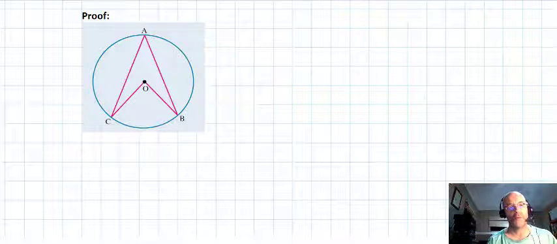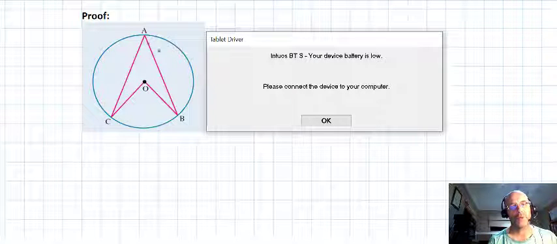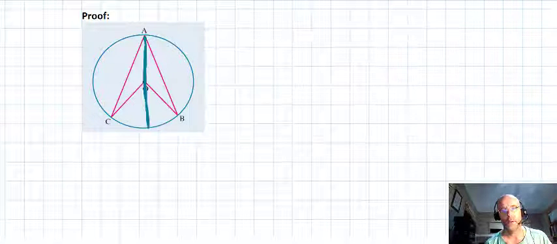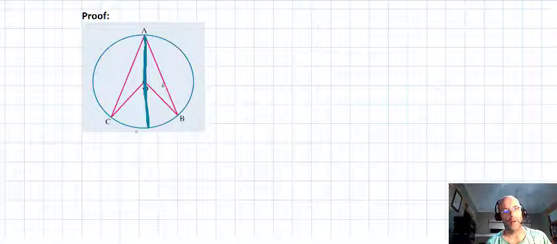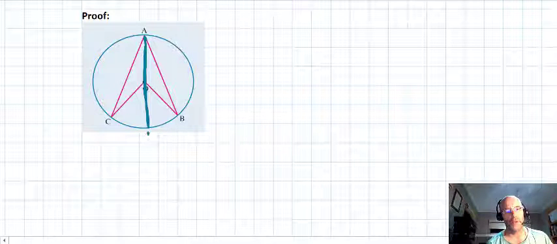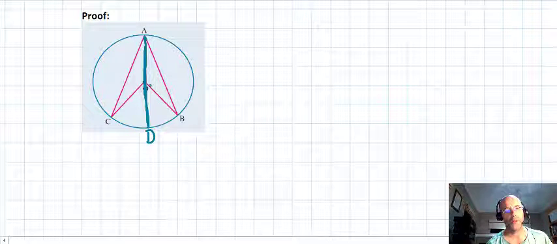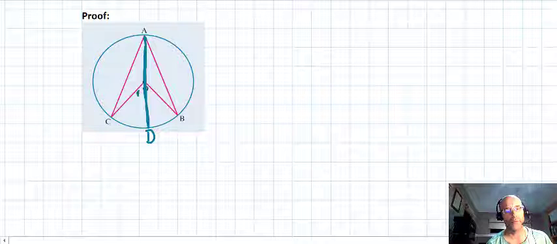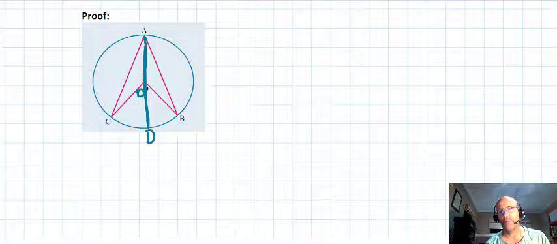In the proof, the first thing I'm going to do is put in a diameter, and I'm going to label this point here D. I've gone over O there. You remember that O was there, so that's our first step.